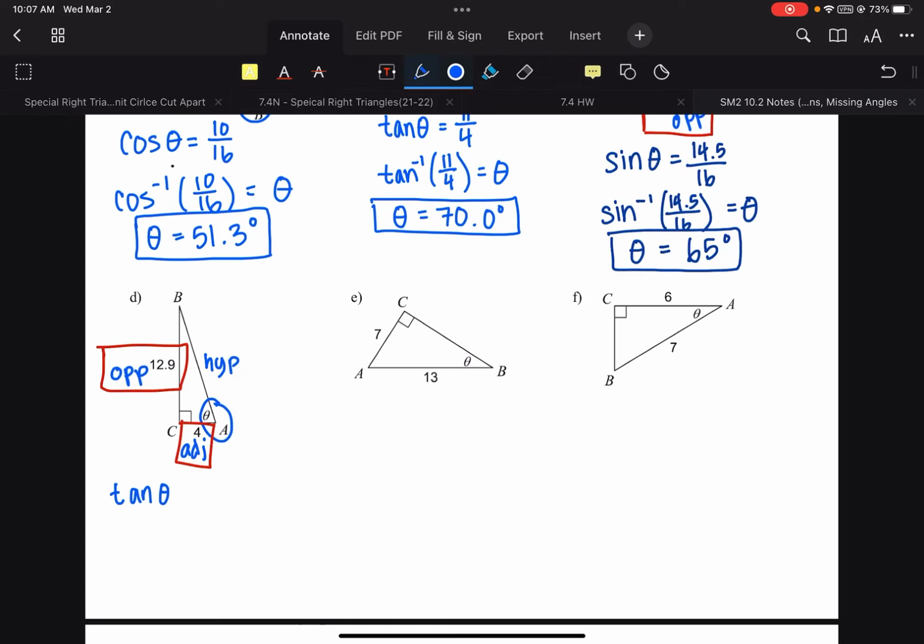So the tangent of theta is equal to the opposite over the adjacent, which means the inverse tangent of 12.9 over 4 is equal to theta. I'm going to type that into my calculator. And theta will be equal to 72.8 degrees.